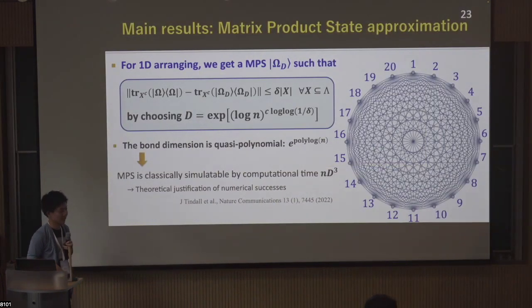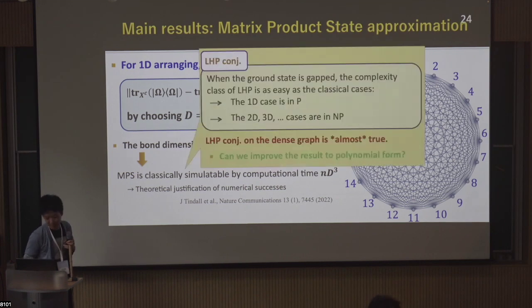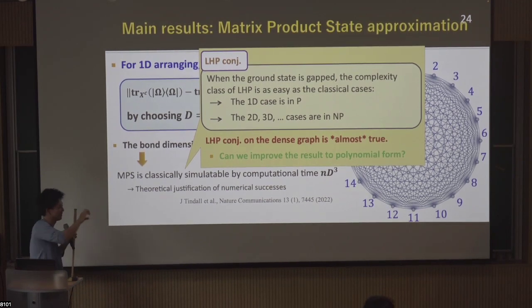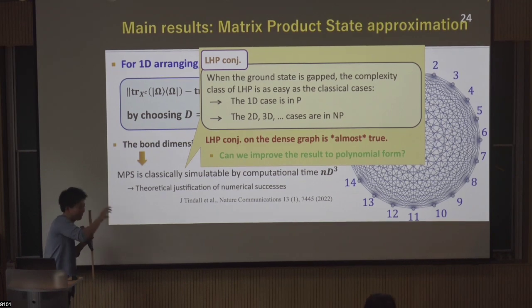So what you're saying is you have an MPS that approximates. Yes. If we prove that poly n bond dimension is enough to approximate the ground state, then we can prove that the ground state LHP is in NP, by using the MPS as a classical proof to verify the LHP.